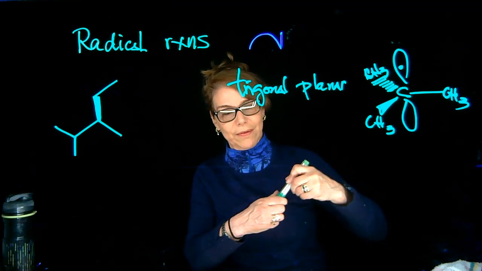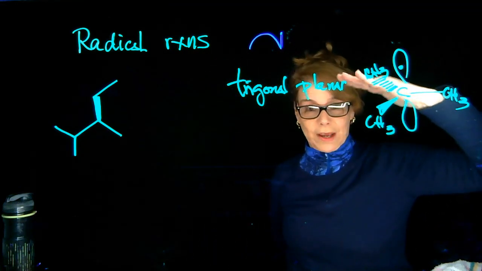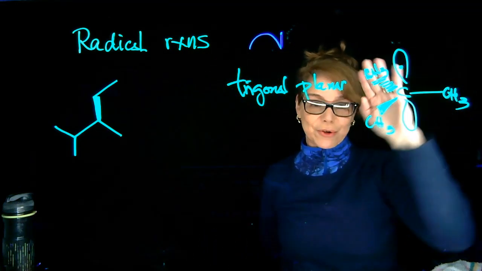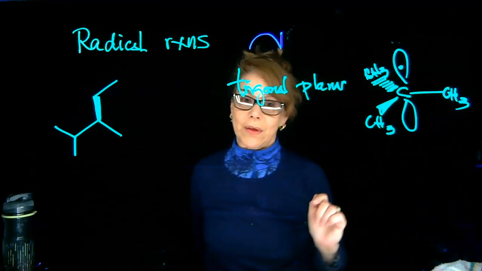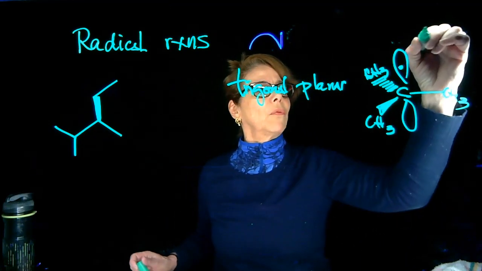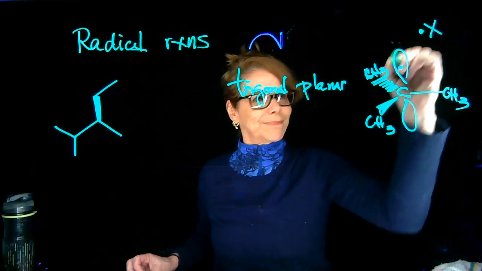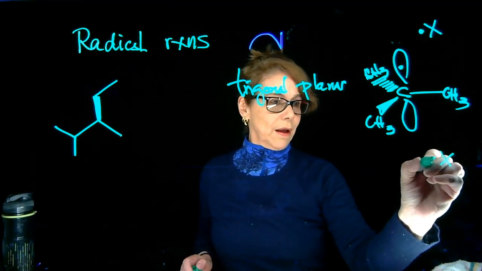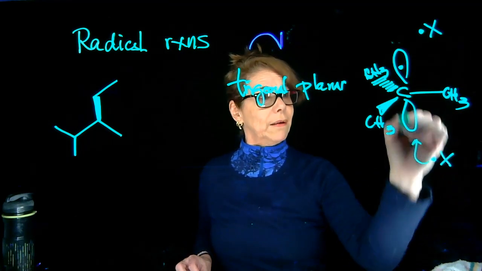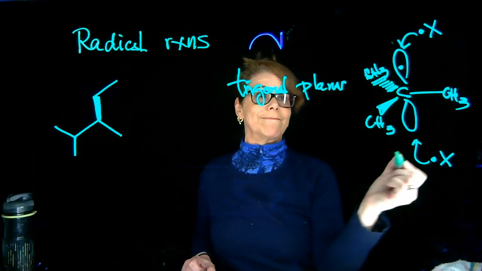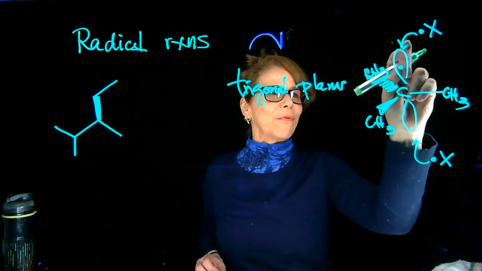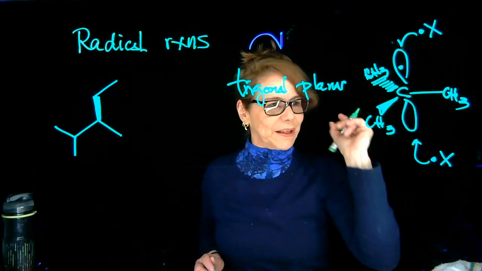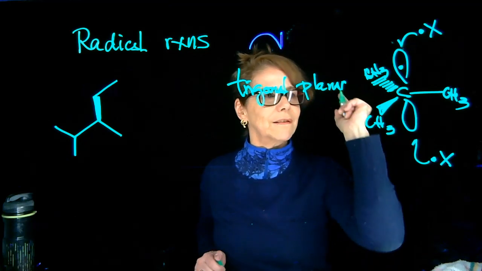So we have that the radical is on the plane perpendicular to the screen, and then in this plane we will have that. What this means is that we can have another radical, such as this, coming from one side of the plane or the other side of the plane. And I need to draw fishhook arrows, because these are radical reactions.